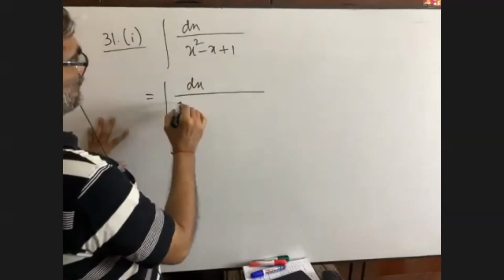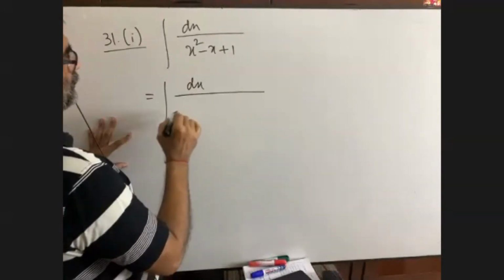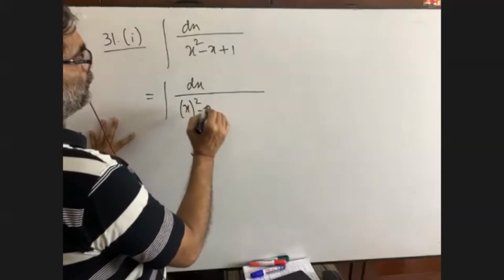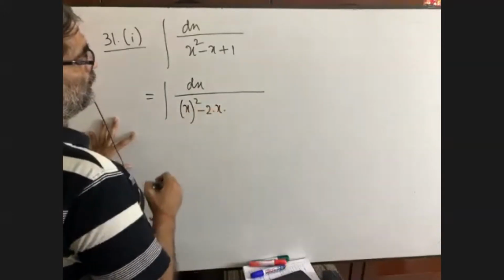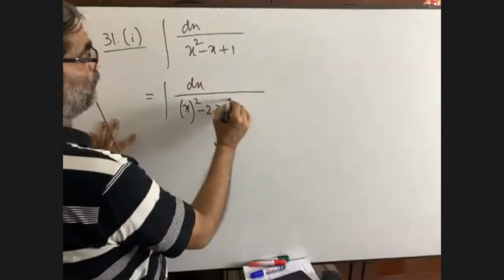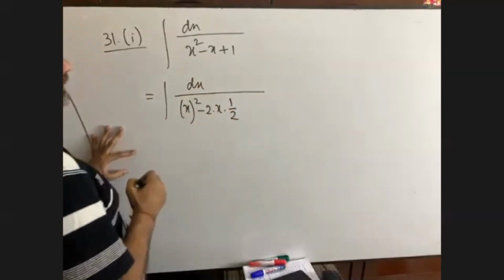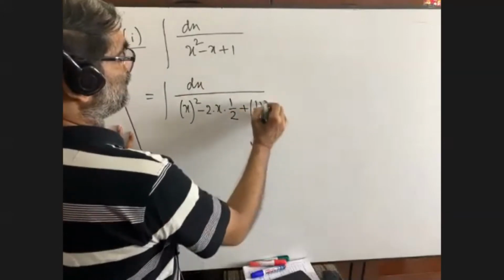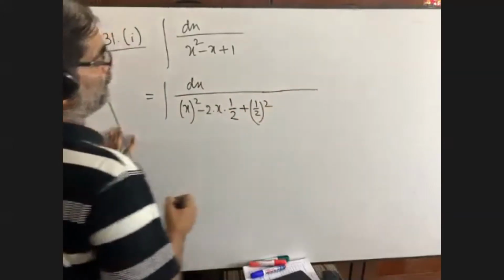You see what I'm going to do. A square minus 2a. What we need to make x? We need half 2ab plus b square.